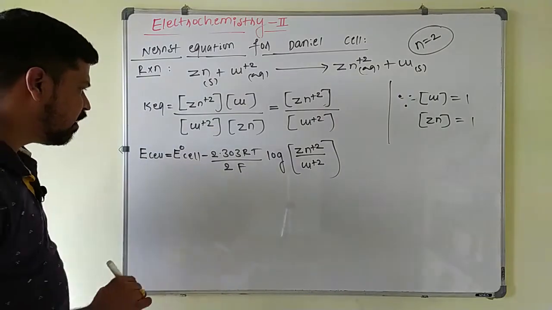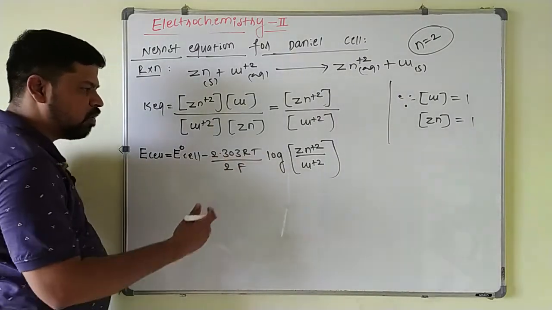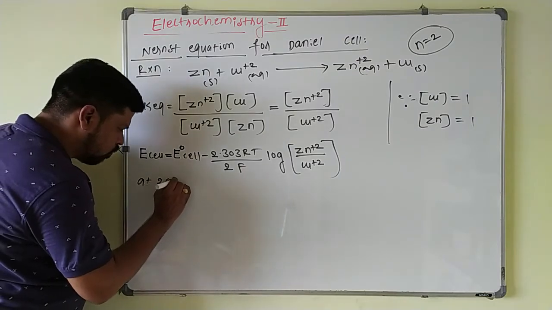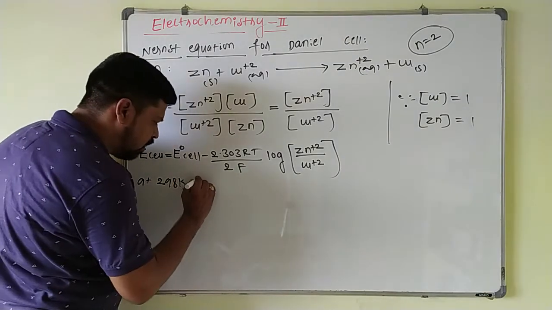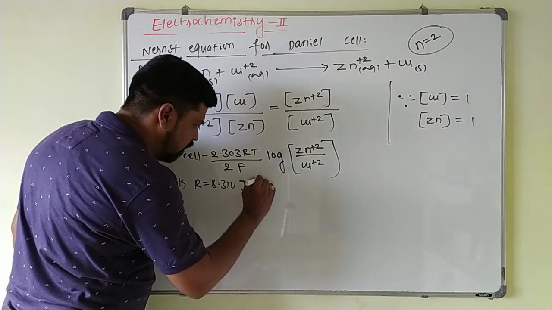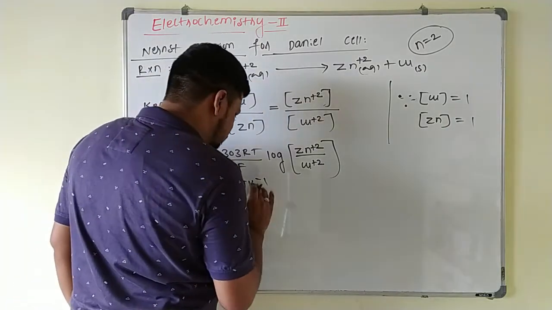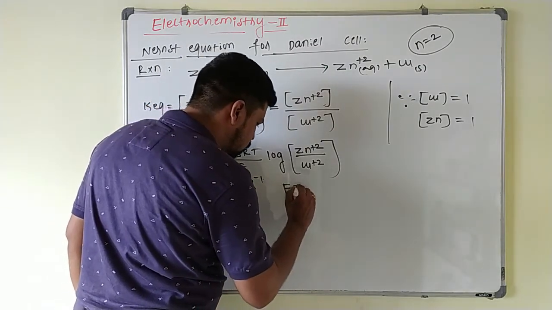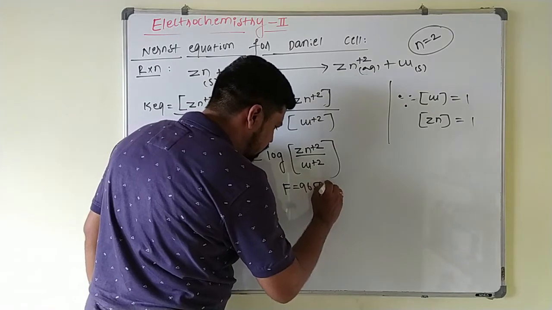So this is the Nernst equation for what? Daniell cell. Again, if you substitute R value, T and F value, at a temperature of 298 Kelvin, R is 8.314 joule per Kelvin. Next, F is how much here? That is 96,500 coulomb.